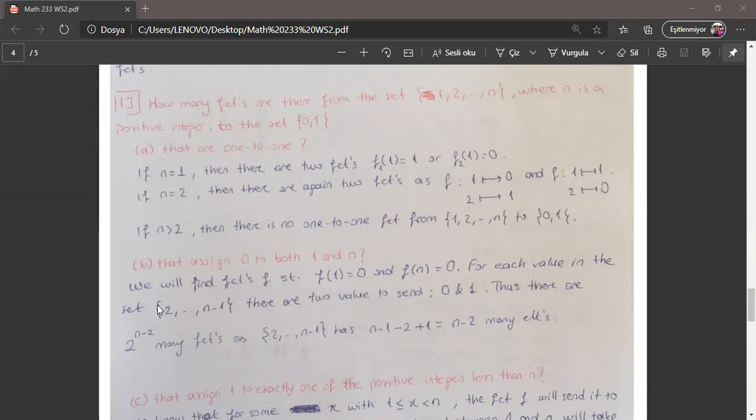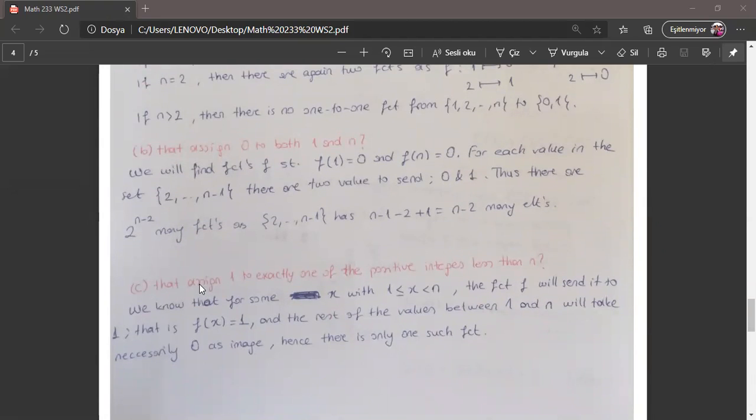But how many numbers are there? Here we computed n minus 1, minus 2, plus 1. So the last value, n minus 1, minus the beginning value, 2, plus 1. This is a formula. So n minus 2 many elements in here. And for each one, there are 2 options. So there are 2 to the n minus 2 many functions.